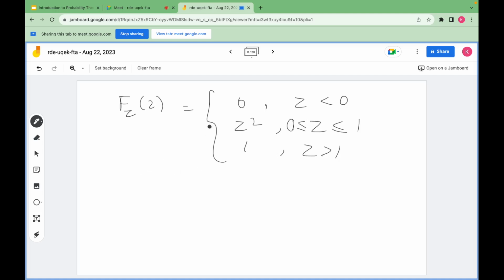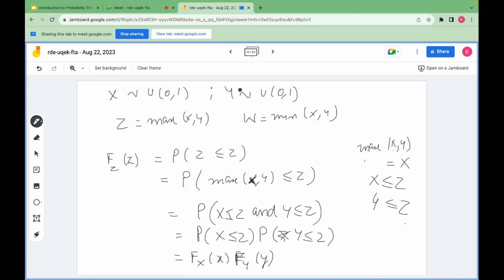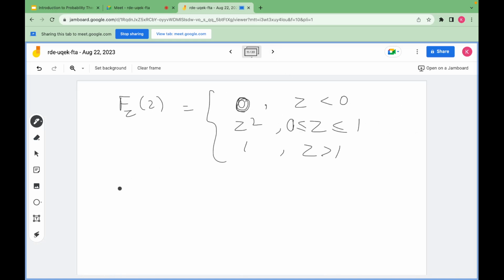You can find this, so I think this is clear. So this f of z is nothing but 2z when z is varying from 0 to 1, and it is 0 otherwise.